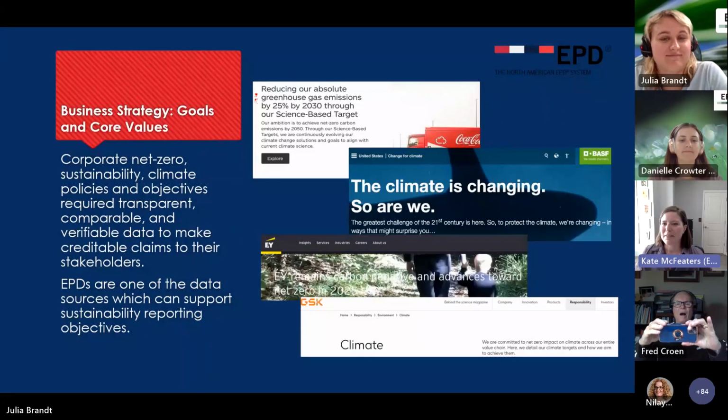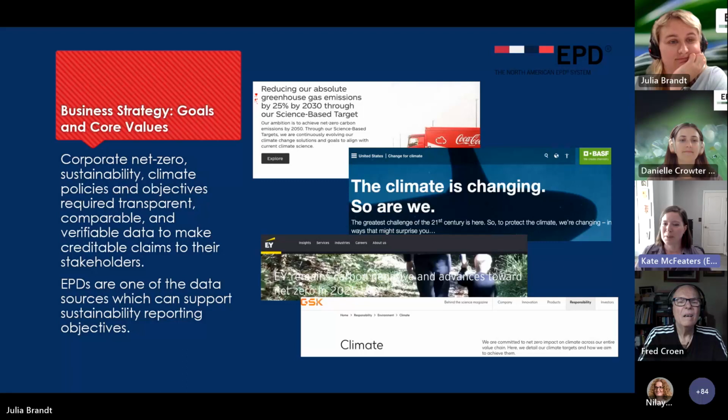And so I'm going to talk about each of the elements of the business strategy and how EPDs contribute to those. And the first one is sort of the goals and core values. So if you go to any website for any corporation, you see everybody's strategic climate goals, whether it's net zero, overall sustainability, climate policies and objectives.